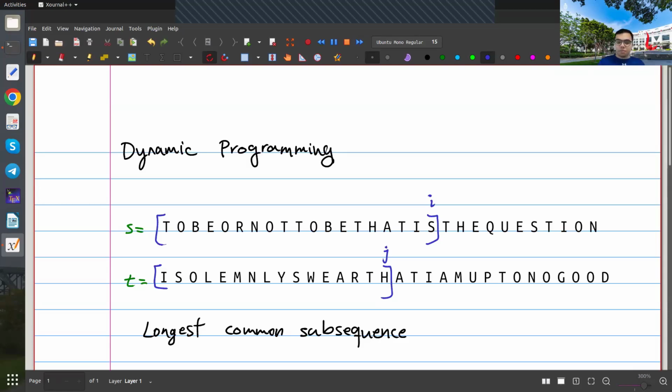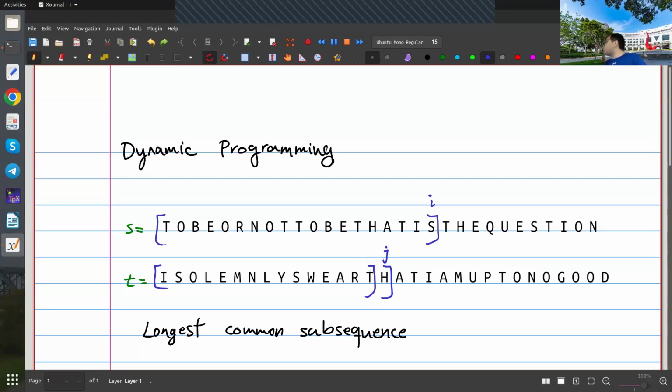And because I cannot have both, whatever my solution is, it's going to be either without the s or without the h. If it's without the s, it's a common subsequence for i minus 1 characters of s and j characters of t. If it does not contain this h here, it's going to be a common subsequence of the first i characters of s and the first j minus 1 characters of t.